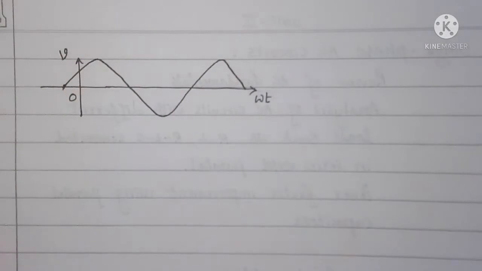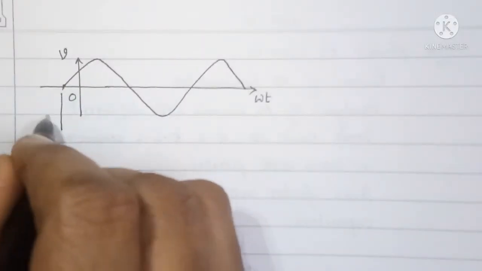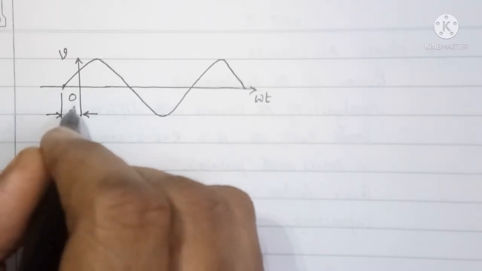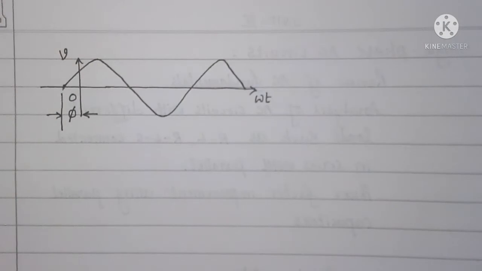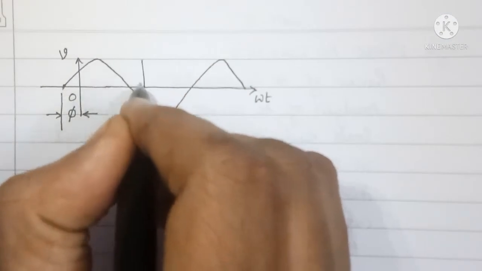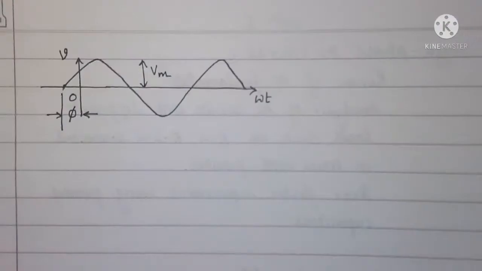In this way. That means here the voltage has started phi radians earlier, assuming Vm remains the same in all cases.